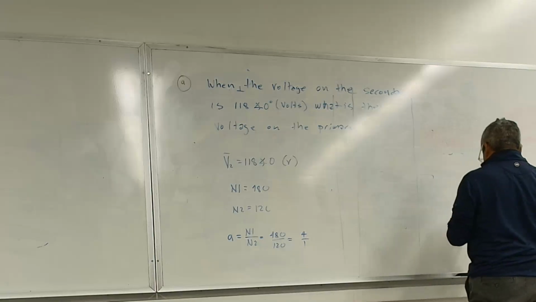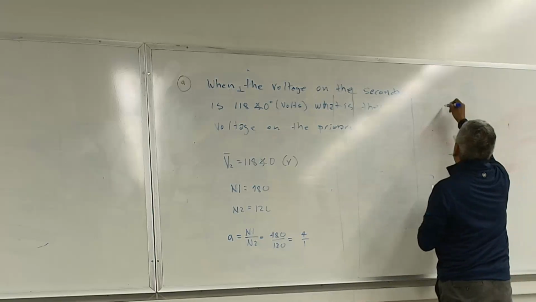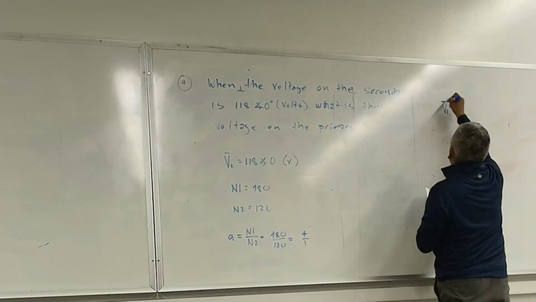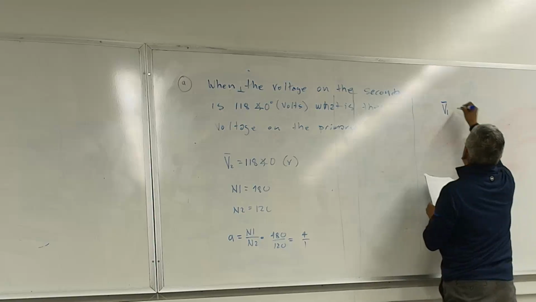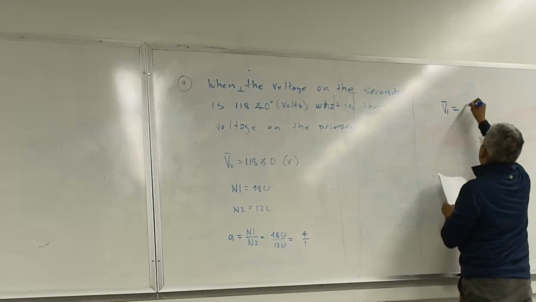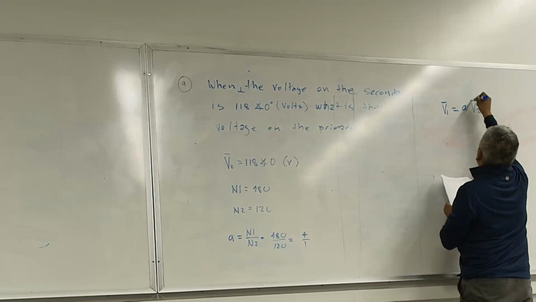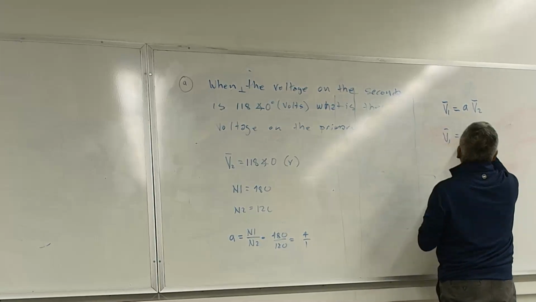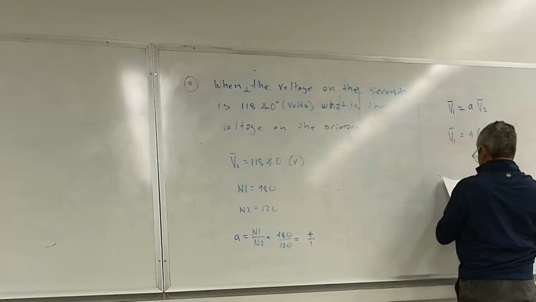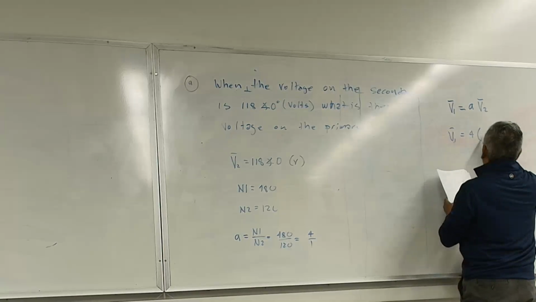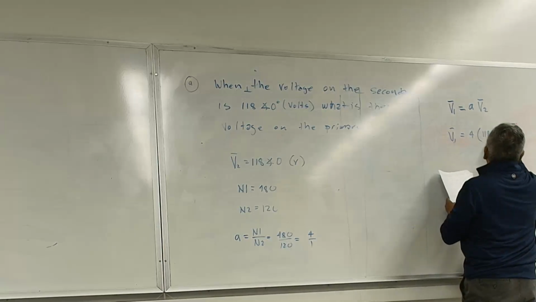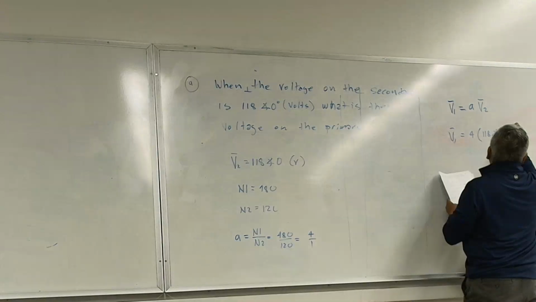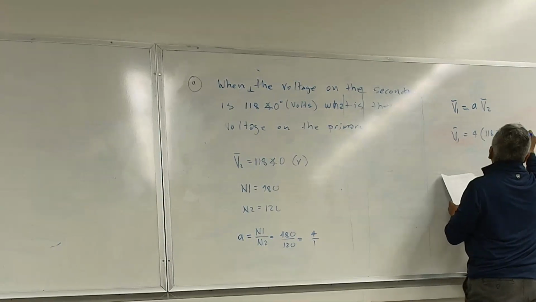Okay, so then I can say that V1 is equal to A times V2. So V1 then is equal to 4 times 118 angle 0 degrees, and this is in volts.